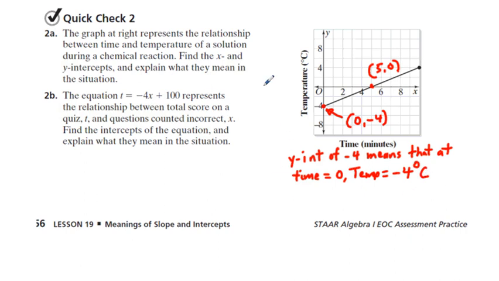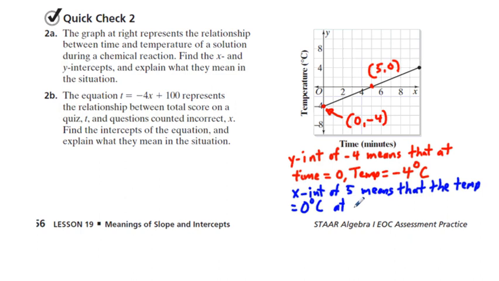Okay, and then the x-intercept of 5 means that the temperature is equal to 0 degrees Celsius at, or after, five minutes. Okay, so those are the meanings.